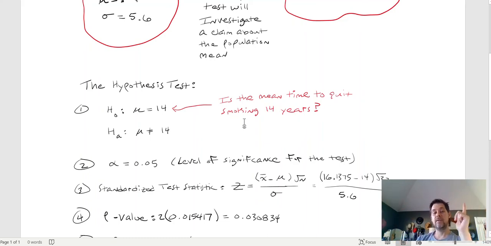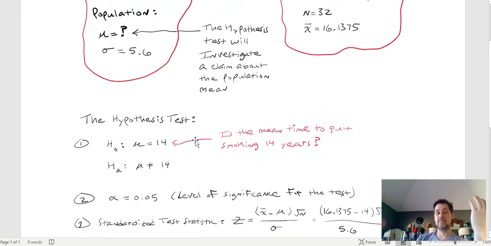So that would make the null hypothesis mu equals 14. And then what's the complement of that? What's true if this isn't true? The alternate hypothesis, mu is not equal to 14. So we're going to decide which one of these that sample leads us to believe. That's what the hypothesis test is.